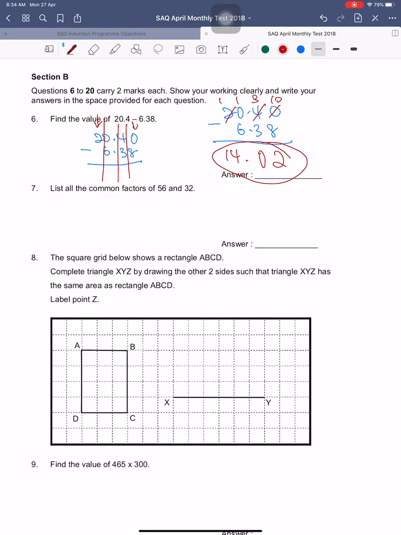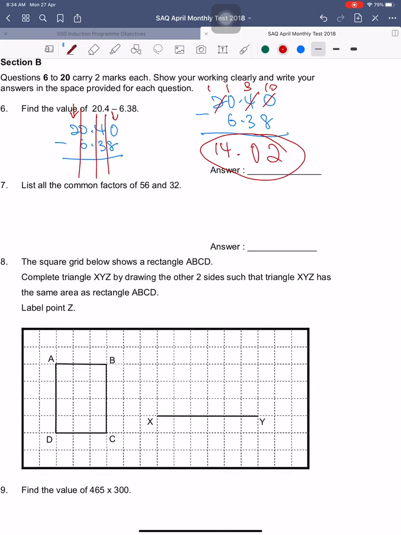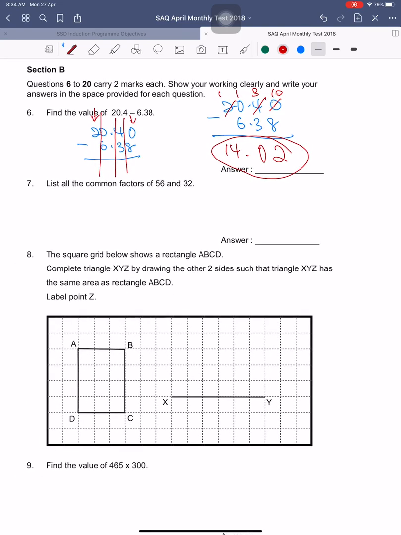Okay, question 7. Many of you did not do the working. You simply listed down the factors, and as a result your answer did not give me all the common factors of these two numbers. You must list down all the factors of 32 and 56 first before you can list down the common factors between the two numbers. So you need to work out the factors.